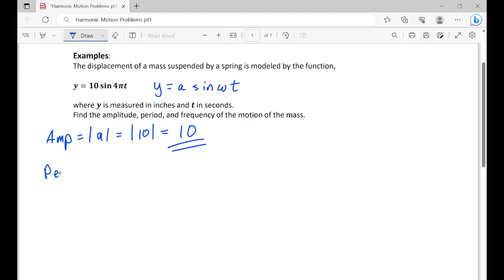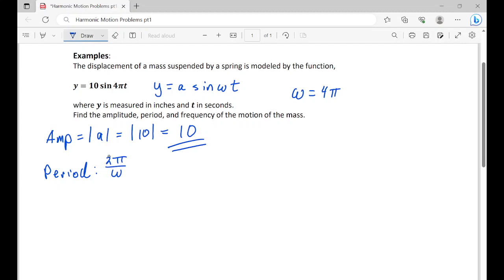Next, we're going to be looking for the period. And the period is found by doing 2 pi over omega. And in this case, omega is what's in front of t, which is 4 pi.